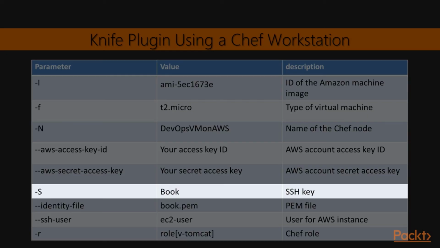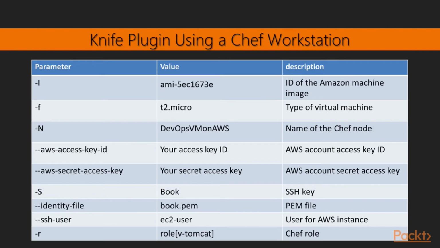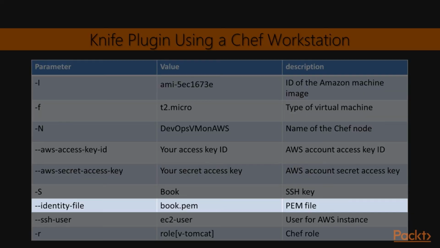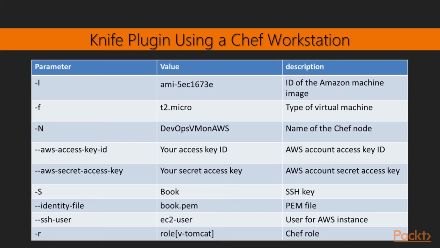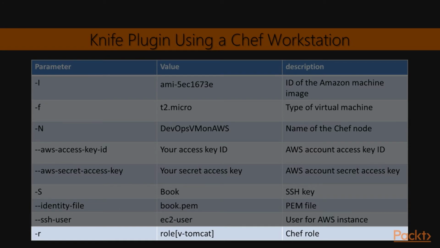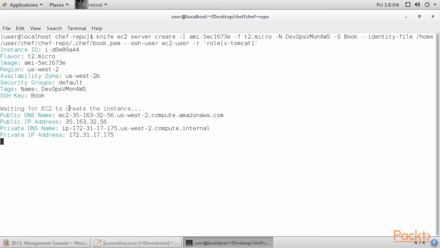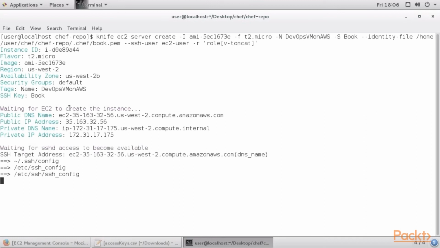S: SSH key. Identity file: PEM file. SSH user: User for AWS instance. R: Chef role.